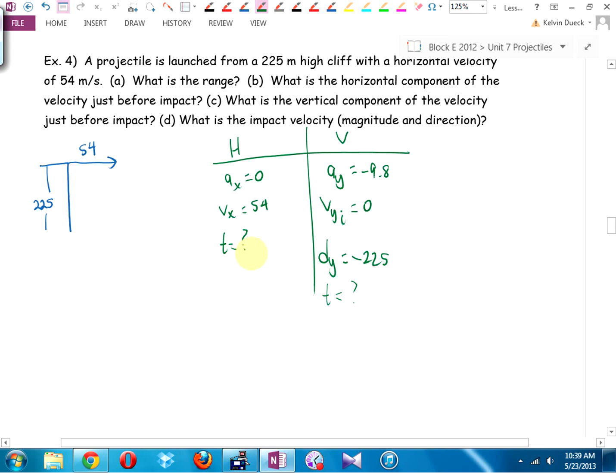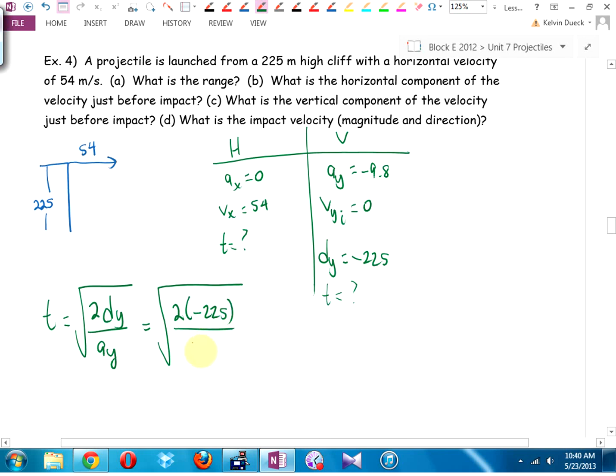In the interest of saving time, can we go straight to, we know that time equals the square root of 2 dy over ay. Is that right? Which is going to be the square root of 2 times negative 225 divided by negative 9.8.